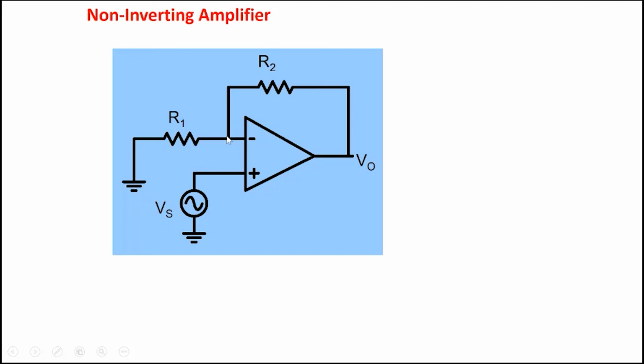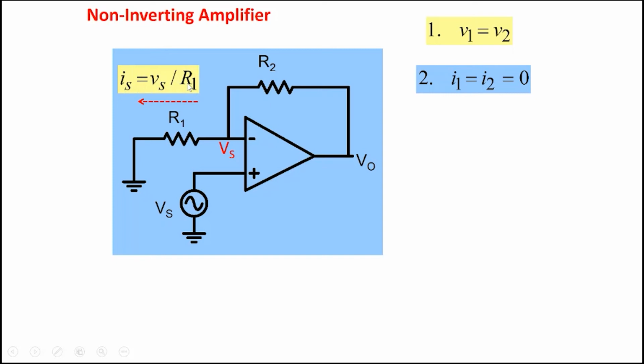Note that there's always a feedback path. So again, V1 equal to V2. This is V1 and this is V2. I1 equal to I2 equal to 0 here. So if this value is Vs at this node, then this value will be equal to Vs. The two are the same voltages. So the current flowing here will be equal to Vs by R1.